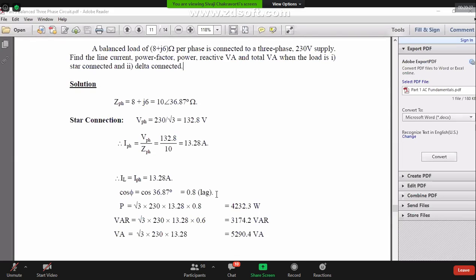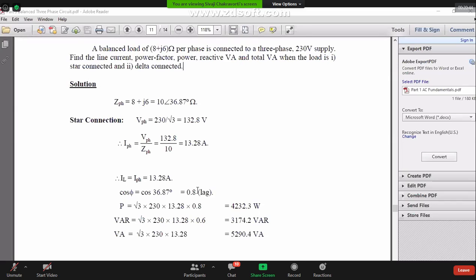Then what is the power factor? Of course, power factor is always controlled by the impedance. Now you can see that our impedance angle is 36.87 degrees, so power factor will be cosine of that. So it is 0.8.